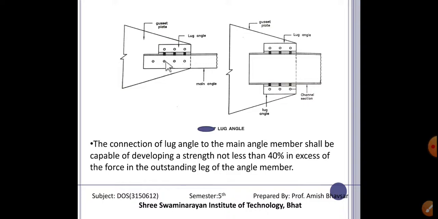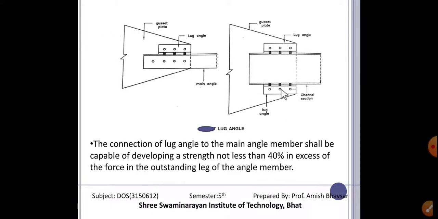This is our lug angle. This angle is connected with this gusset plate, and these 4 bolts are not sufficient to connect this member. So for that we have to take 7 bolts, but the overlap length is not that much. So we are going to do one thing, that is again 3 bolts are used as a connection via lug angle. Clear?